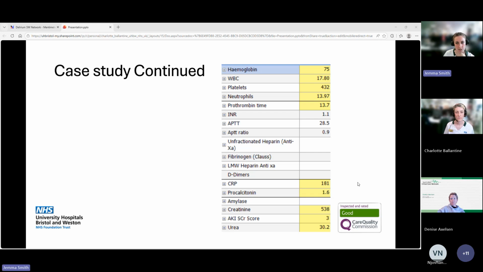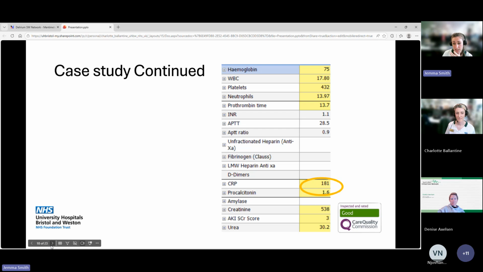What are the things here that are going to be contributing to delirium? Yeah. Super high, yeah, very high creatinine. Yeah, so you kind of hit the nail on the head really with that.